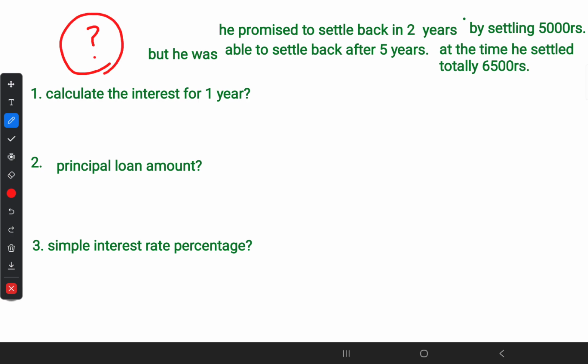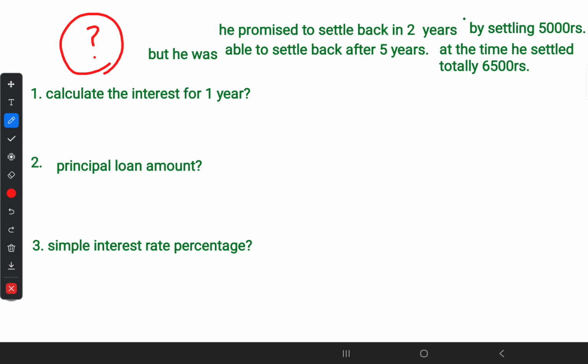But after 2 years, he just promised that by settling 5,000, I'll be relieved from the loan. That means the 5,000 includes the initial loan amount plus 2 years of interest. You have to understand that clearly. Loan amount plus 2 years of interest together equals 5,000 rupees.